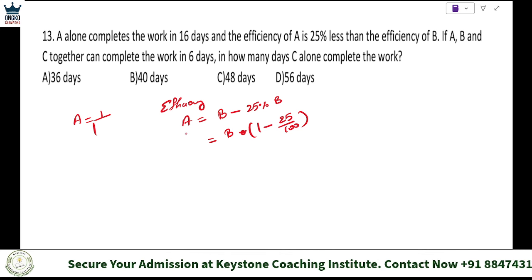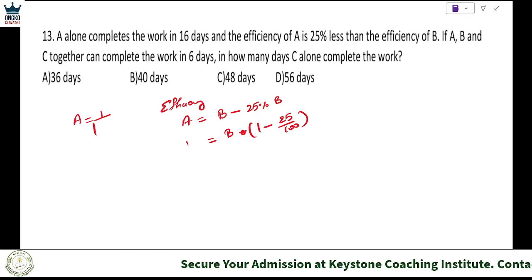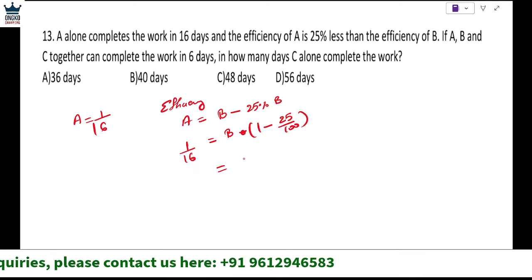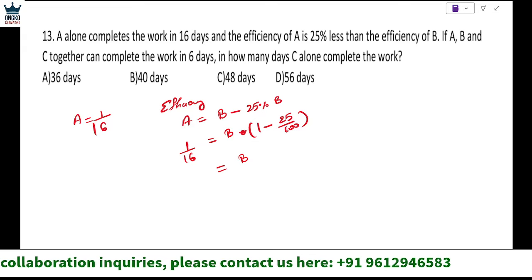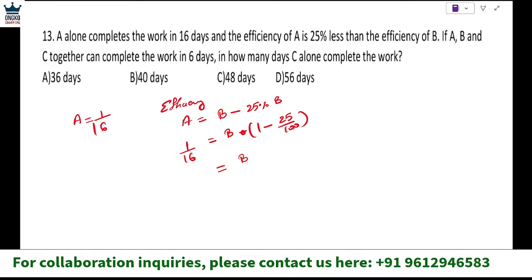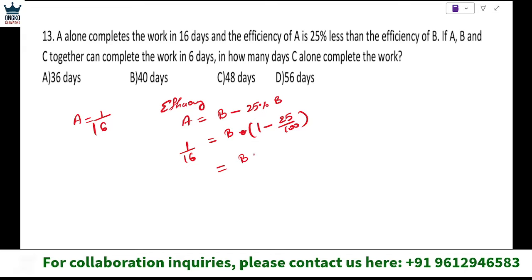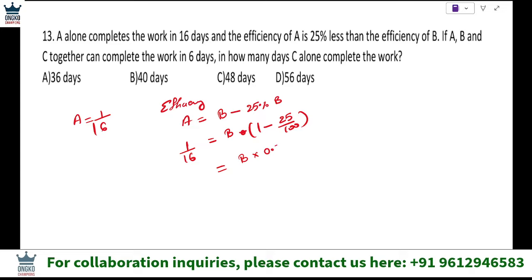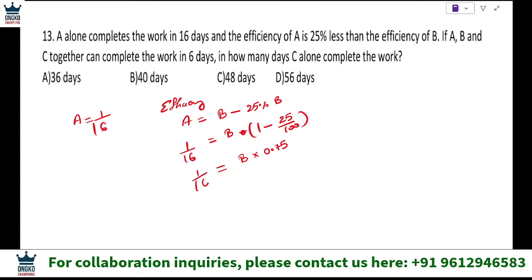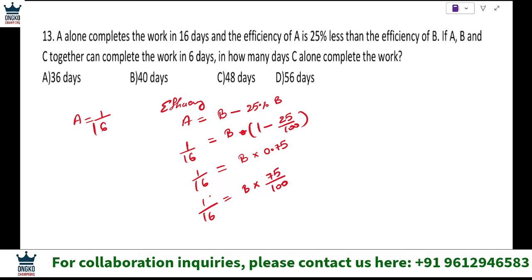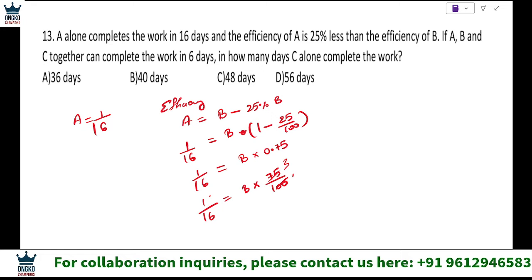A's 1 day work is 1 by 16. So 1 by 16 is equal to B into (1 minus 0.25), which will give us 0.75, that is 75 by 100. So 1 by 16 is equal to B into 75 by 100, and 75 is 3 times 25, 100 is 4 times 25.